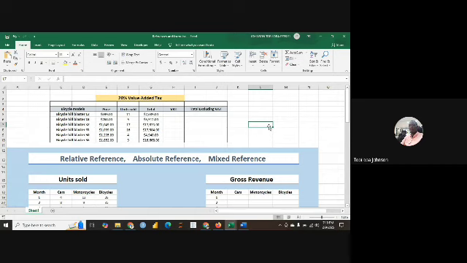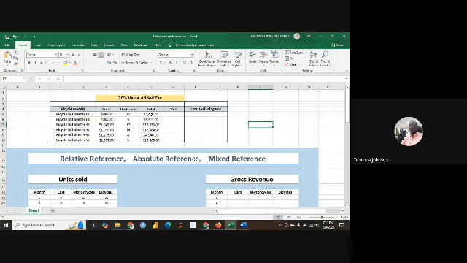So here I have a little table called 20% value added tax. That's 20% VAT. In the table, we have the bicycle models, which contain different models of bicycle. We have the price, that's the unit price for each model. Then we have the number of units sold. We have the total. The total here is the price multiplied by the number of units sold.